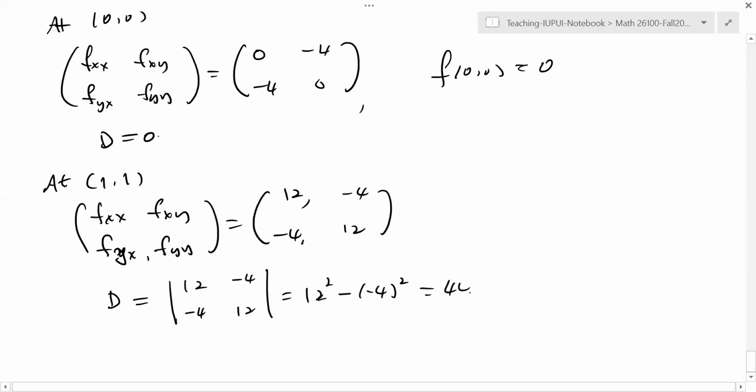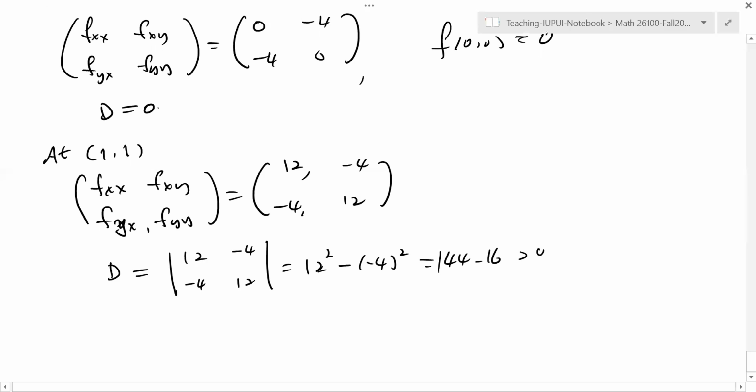This is 144 minus 16. Anyway, it's positive. And the first term is also positive. 12 is positive. The first one, Fxx, is also positive.